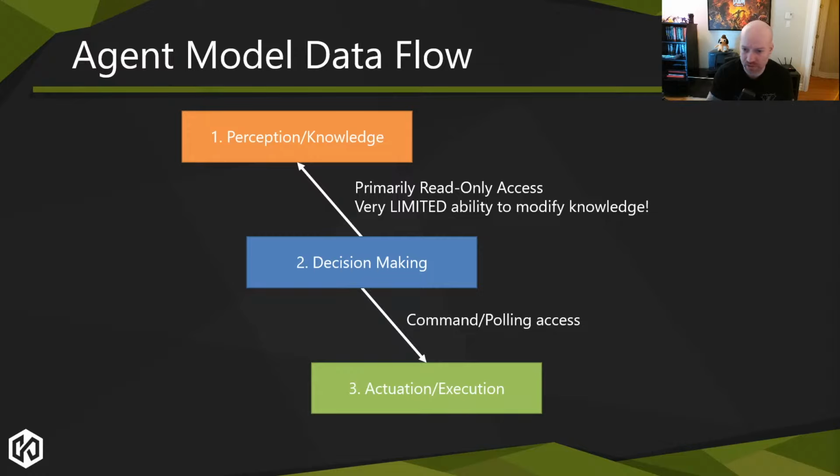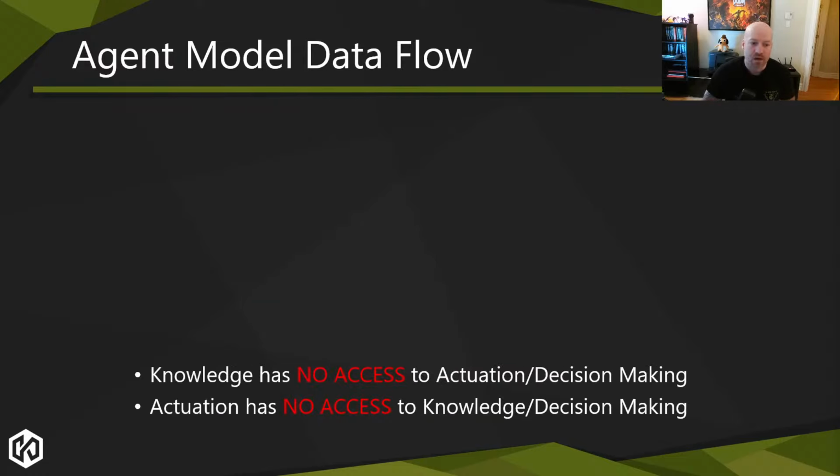It's not a read, write, and manipulation thing. It's like request, send, receive kind of thing. Knowledge should not access actuation or decision making. There's no reason to do that. There's no benefit.